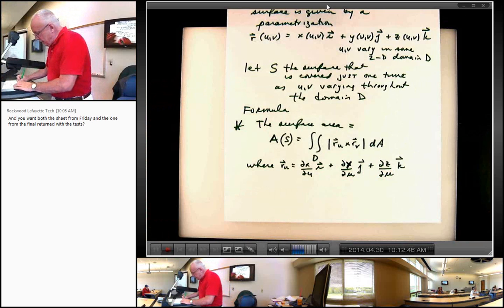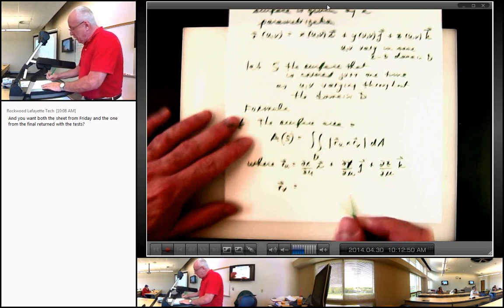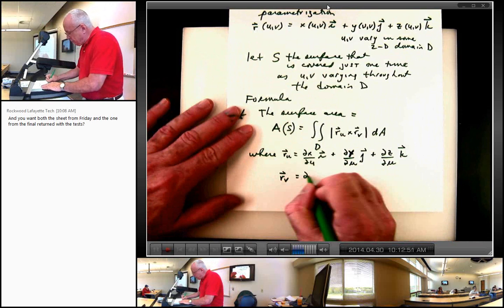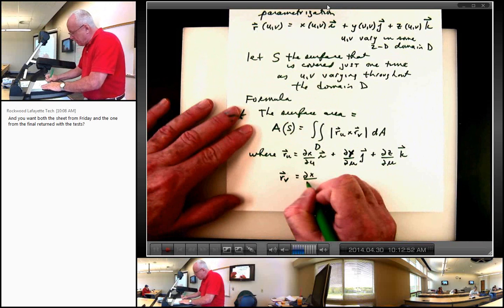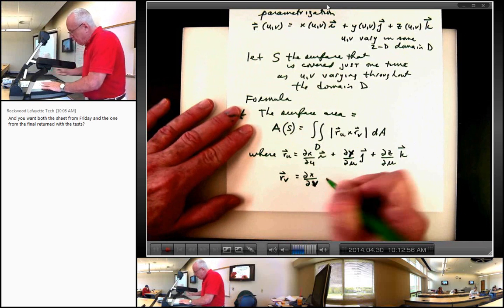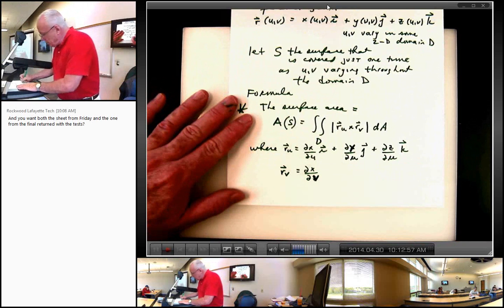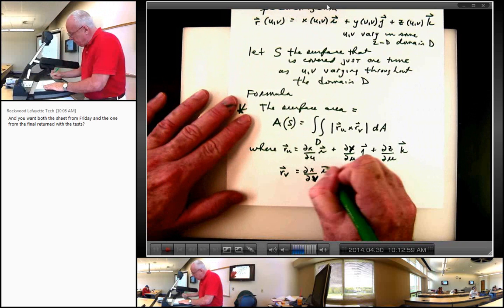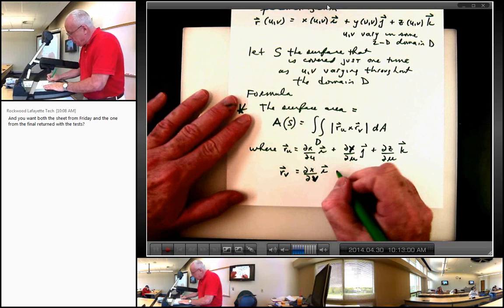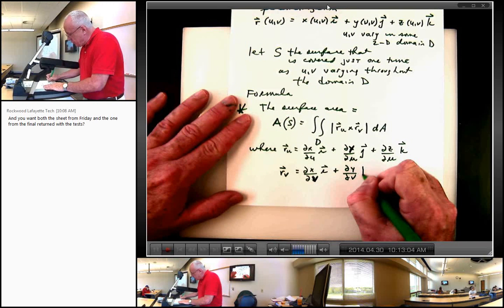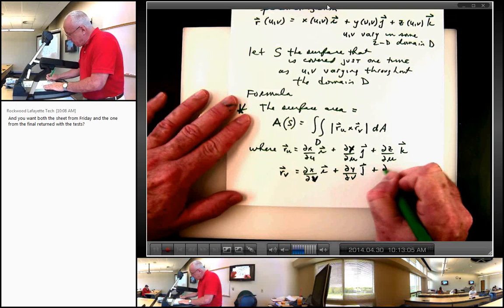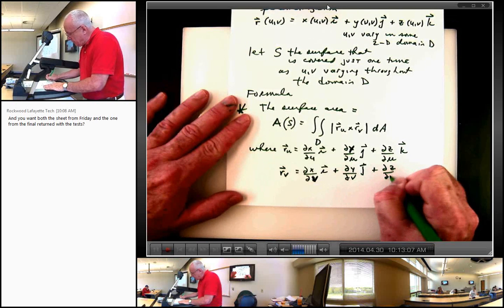And r_v is similarly described, except now we do the partial derivatives with respect to v instead of u. So that's dx/dv times the i vector, dy/dv times the j vector, plus dz/dv times the k vector.